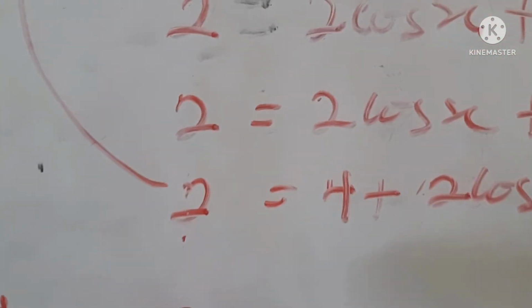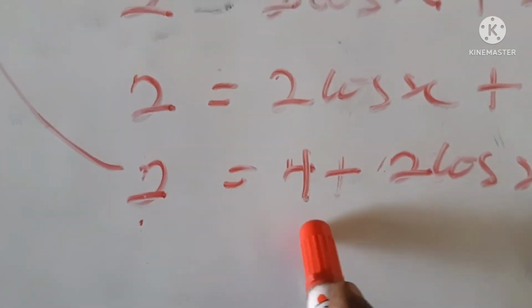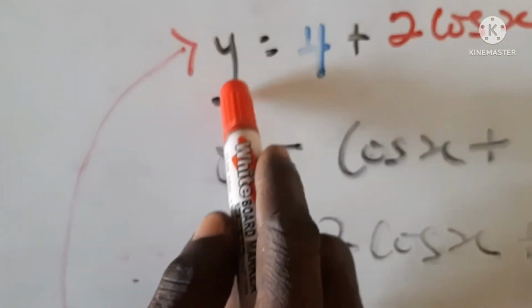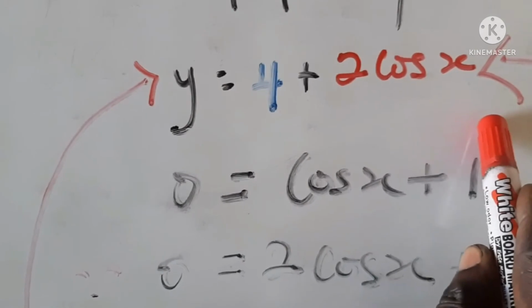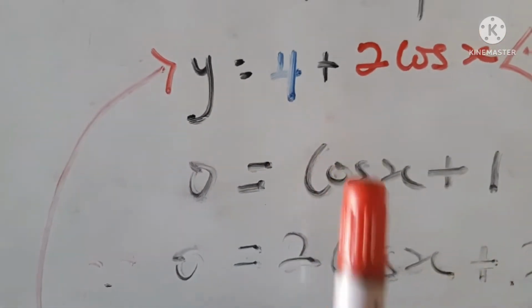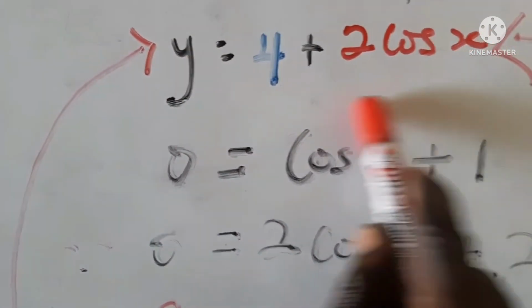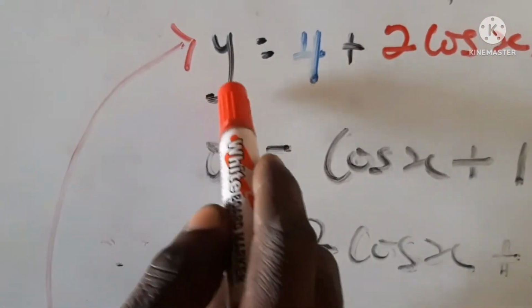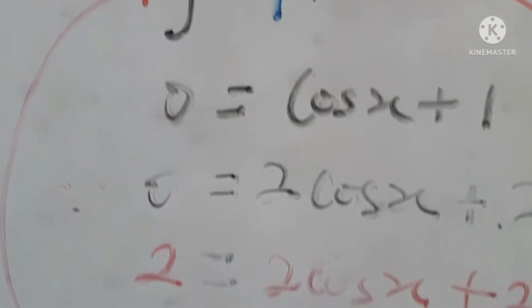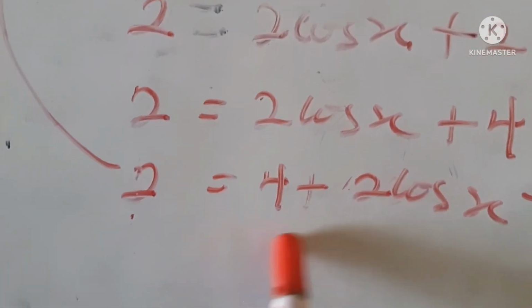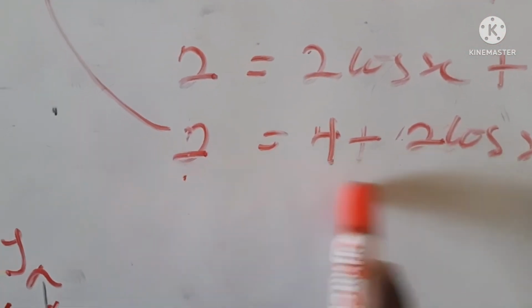We are just replacing: whenever I see this here, instead of calling it y, we are having 2 here, so we call this 2.